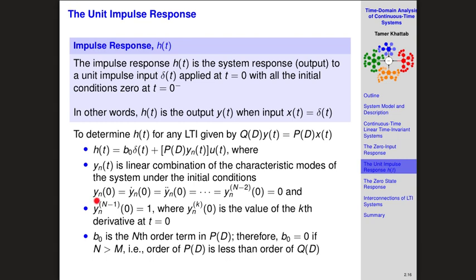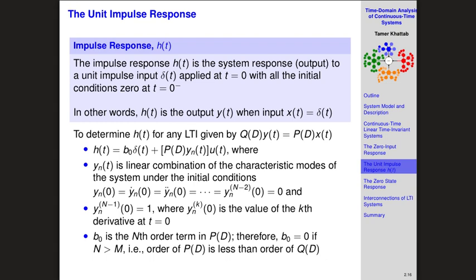To solve for the constant terms, you need to apply the initial conditions. Let's not forget that in this case we are solving for 0 initial conditions while we set the input to some value not equal to 0, because we are trying to get the output for an input with 0 initial conditions. So always our initial conditions are going to be zeros, except for one thing. Why that one thing is different has to do with the mathematical derivation. You can go and check it.